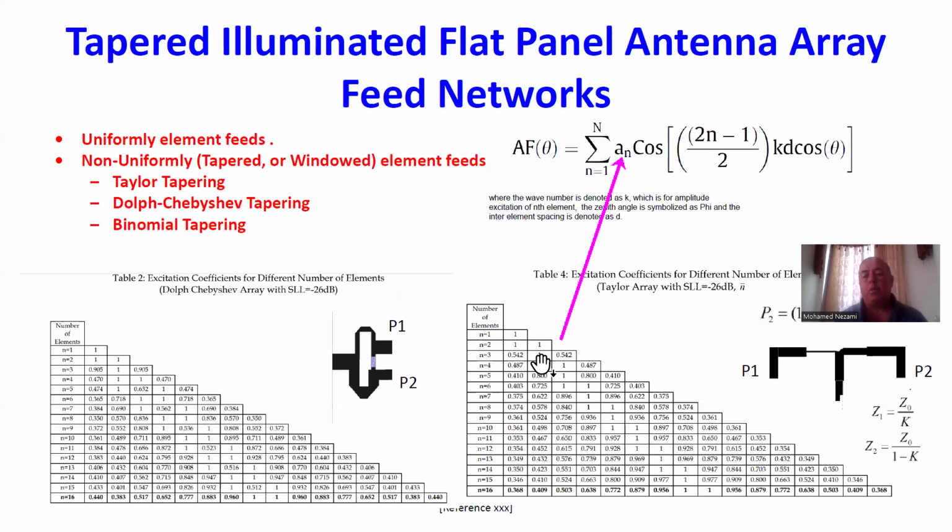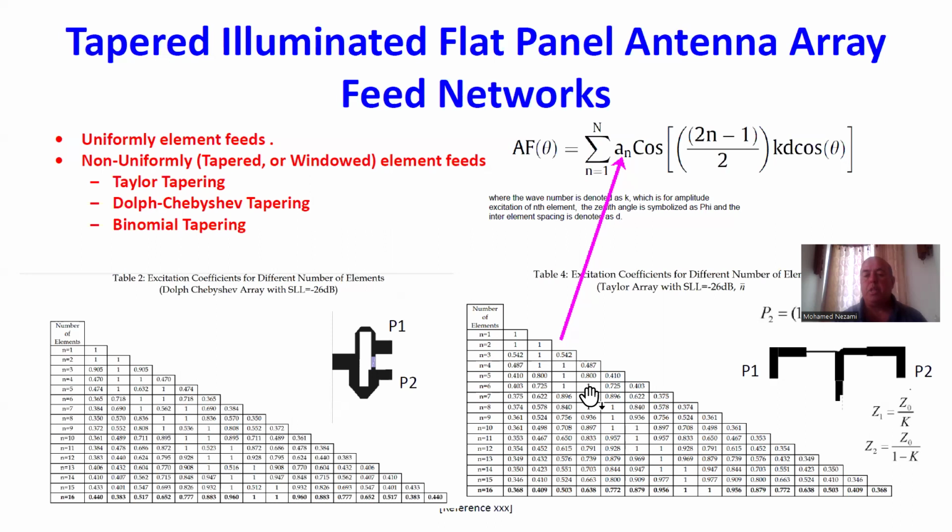And it turns out all of these polynomials follow a rule of thumb. If it's odd, the middle one is 100%, 1, and the other ones basically divide the rest of the energy. As you go further and further, if it's even, the two middle ones are always equal.